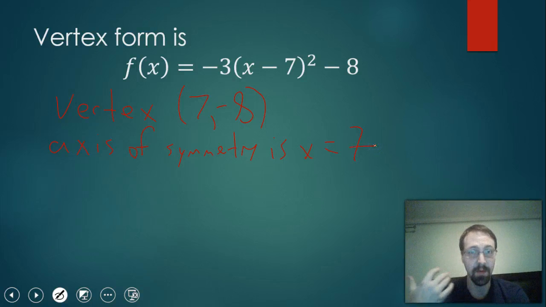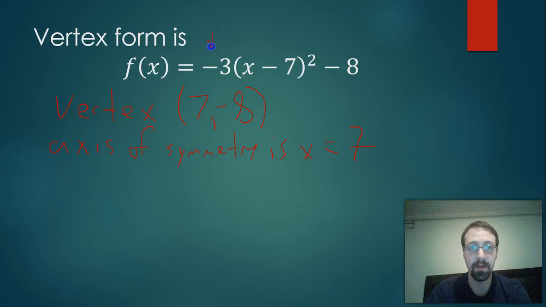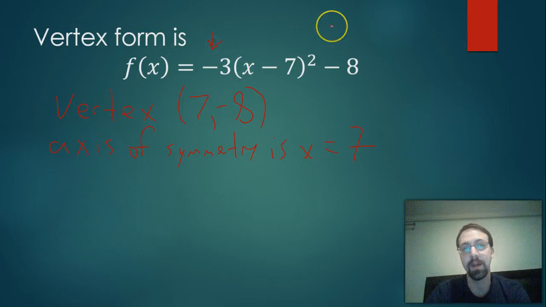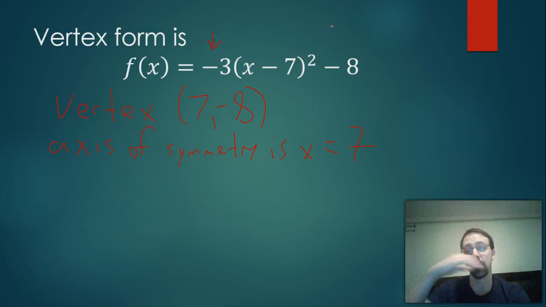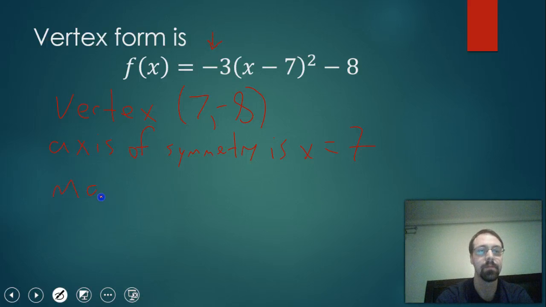To figure out if it's a minimum or maximum, you need to look to the front. See how that's negative. Since that's negative, I know this is going to open downward. If it opens downward, then I'm going to have a maximum. So my maximum is going to be at negative 8.